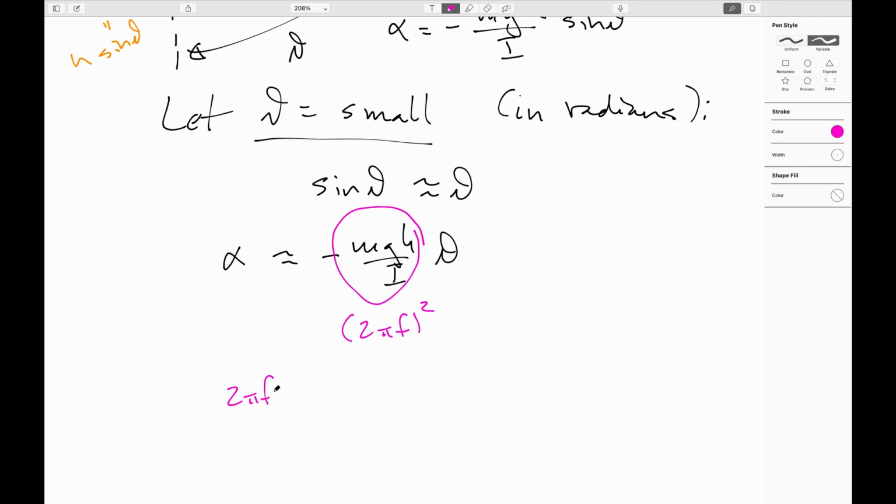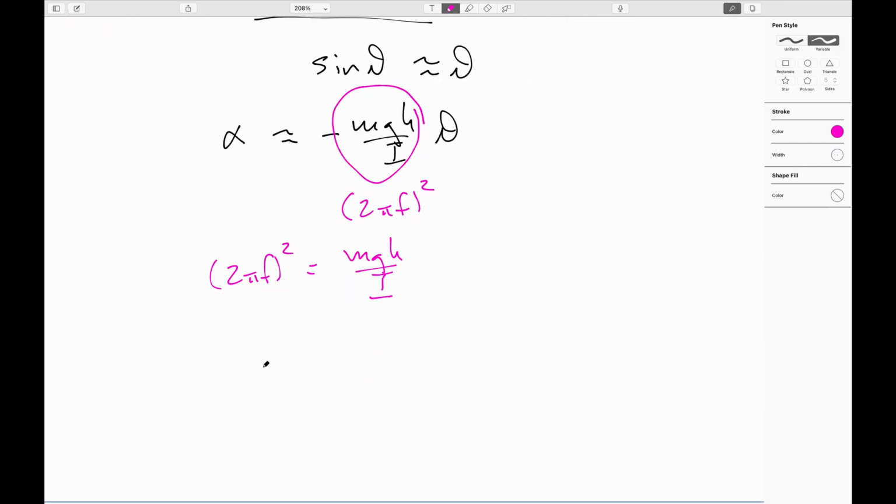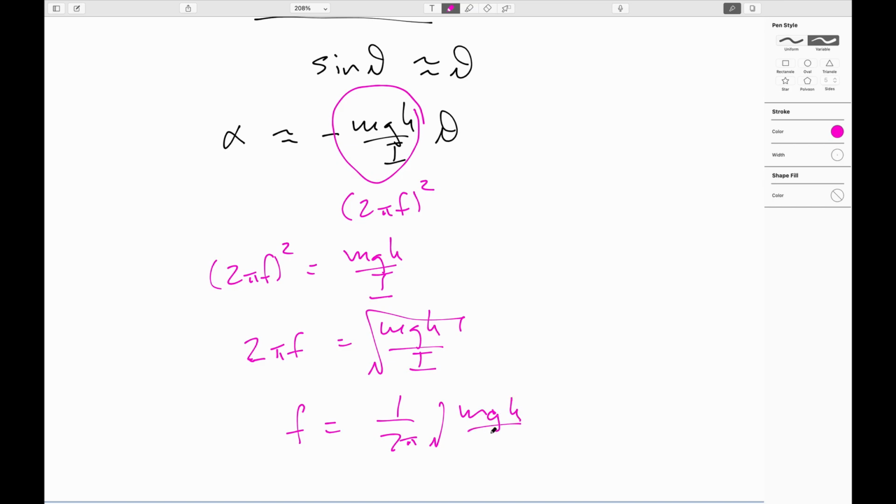We'll have 2 pi f squared equals mgh over I. Take the square root of both sides: 2 pi f is equal to the square root of mgh over I. Divide by 2 pi, and we get the frequency: 1 over 2 pi times the square root of mgh over I.